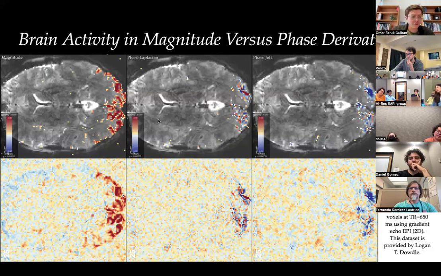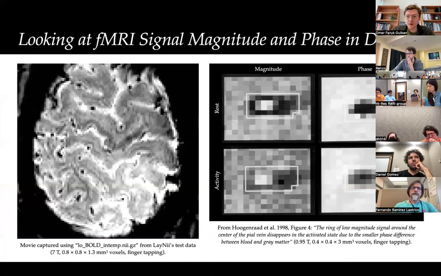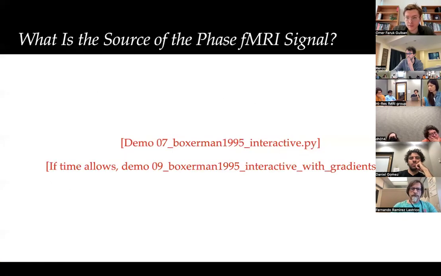I wish they had plotted the magnitude images there as well, and the unthresholded results, so we could understand a bit better what could be going on in that ISMRM abstract. But anyway, this is already a discussion.